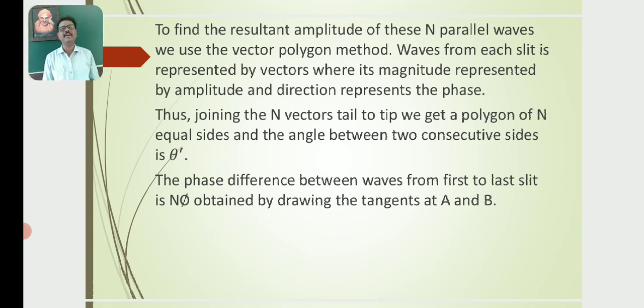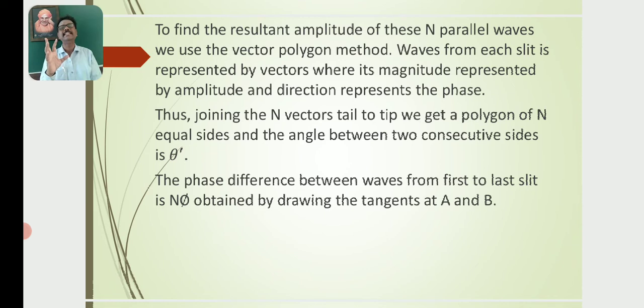We know the triangle law of addition of vectors, the parallelogram law of addition of vectors, and the polygon law of addition of vectors. If a number of vectors are acting at a single point, then all the vectors can be represented by the sides of a polygon taken in the same direction, and their resultant can be represented by the closing side taken in the opposite direction.